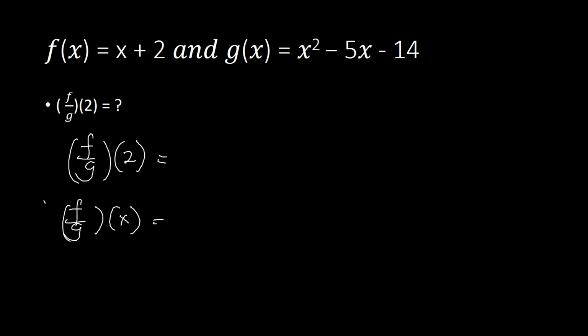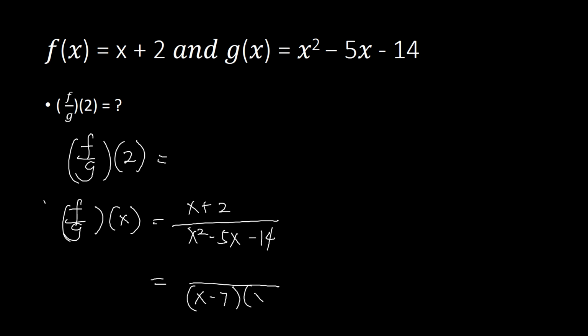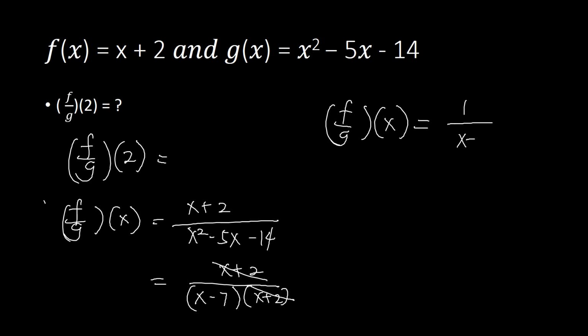So I'll be dividing f of x, x plus 2, by our g of x, which is x squared minus 5x minus 14. Factoring our trinomial, at the bottom part, we've got x minus 7 and x plus 2. So we've got x plus 2 at the top, so we can cancel this one out. So our f over g of x, that will be equal to 1 over x minus 7.